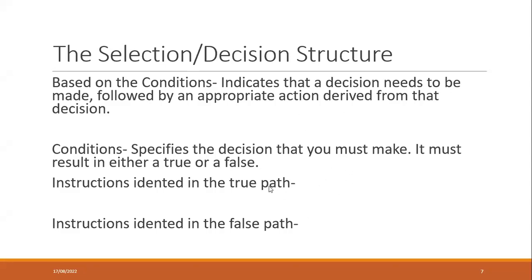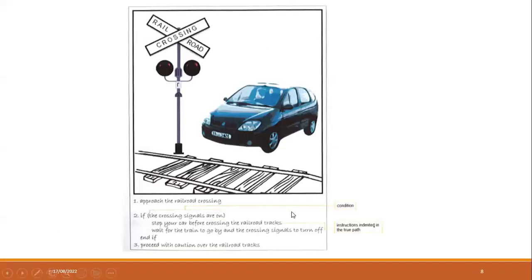Rather than writing a step-by-step algorithm, here we have to stop at the condition, then make the decision based on it. If that condition is true, we have some separate instructions to follow. If the condition is false, then we have to follow different instructions.